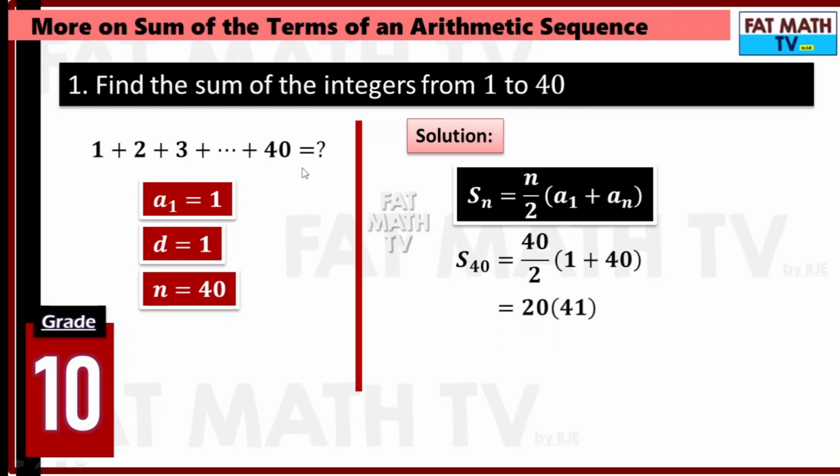And then 40 divided by 2 is 20. 1 plus 40 is 41, and 20 times 41 is 820. So that is the sum of the integers from 1 to 40, 820. So here we just use the formula S sub n equals n over 2 times a sub 1 plus a sub n.